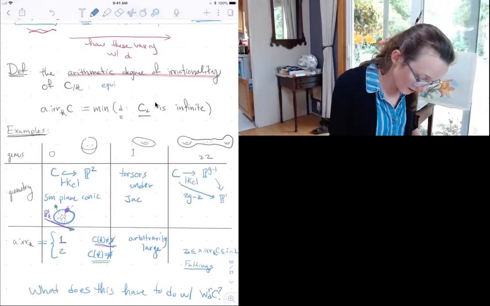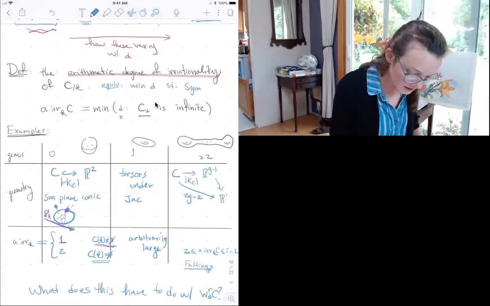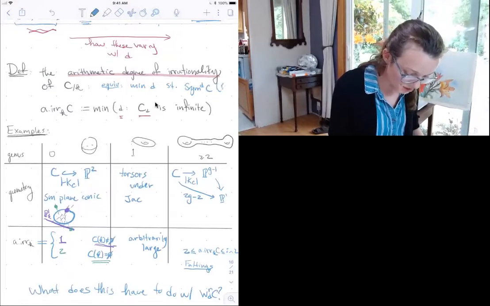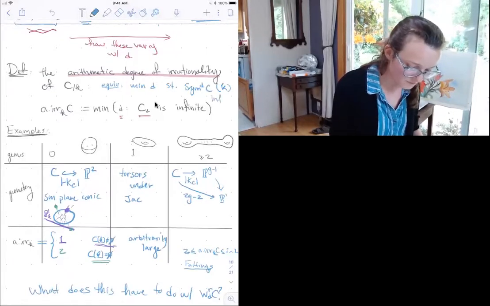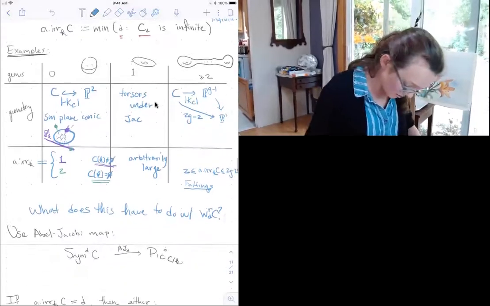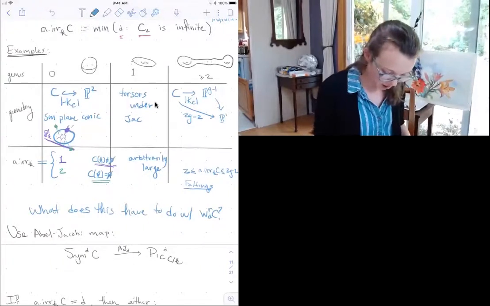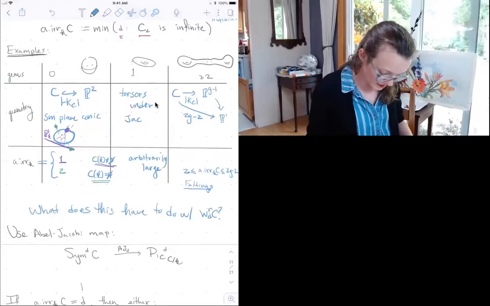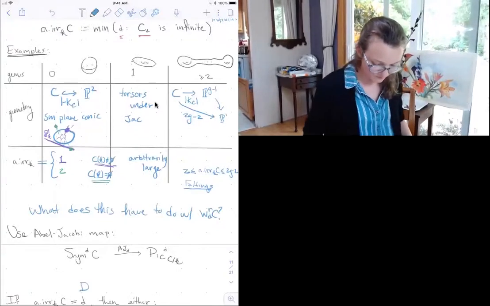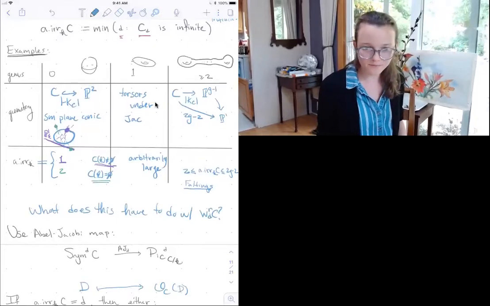It's equivalently the minimal d such that if I take Sym^d of C and I take its rational points, it's infinite. And now we can use the Abel-Jacobi map, from Sym^d of the curve to Pic^d of the curve, which takes an effective divisor of degree d, I'll call it big D, to its linear equivalence class, the line bundle O_C(D).